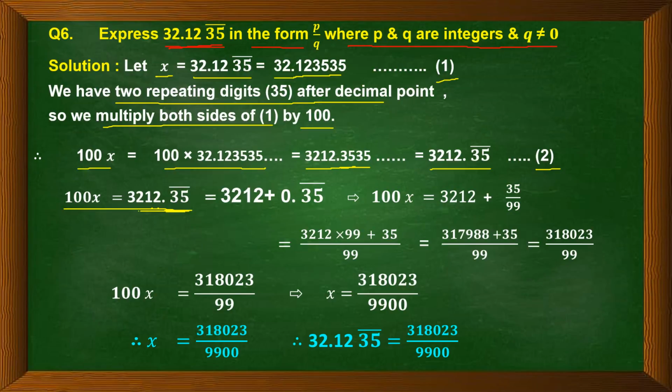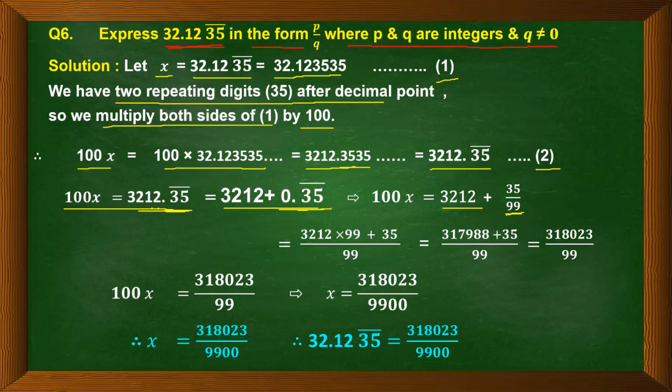So from the mixed recurring decimal, it has turned into a pure recurring decimal. Now we shall apply the rule method. We shall split it into two parts, 3212 plus 0.35 bar, which is equal to 3212 plus 35 by 99. 35 we write as it is in the numerator and 99 in the denominator because there are two repeating digits after the decimal point.